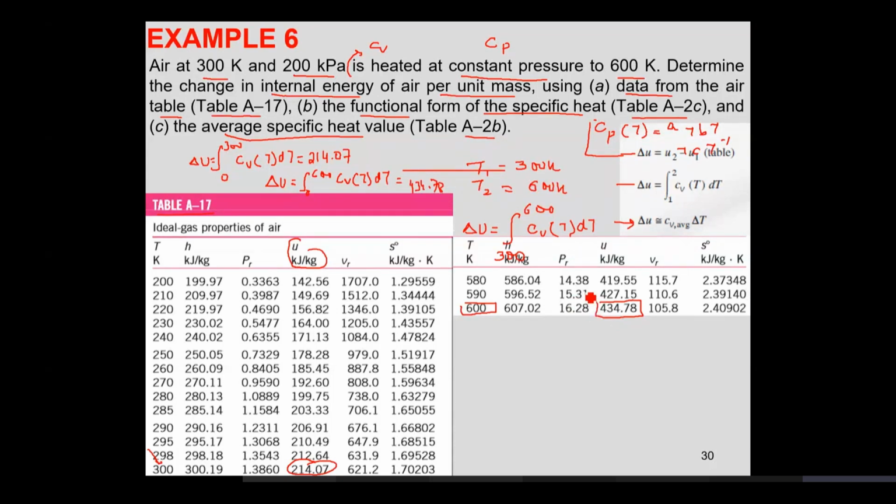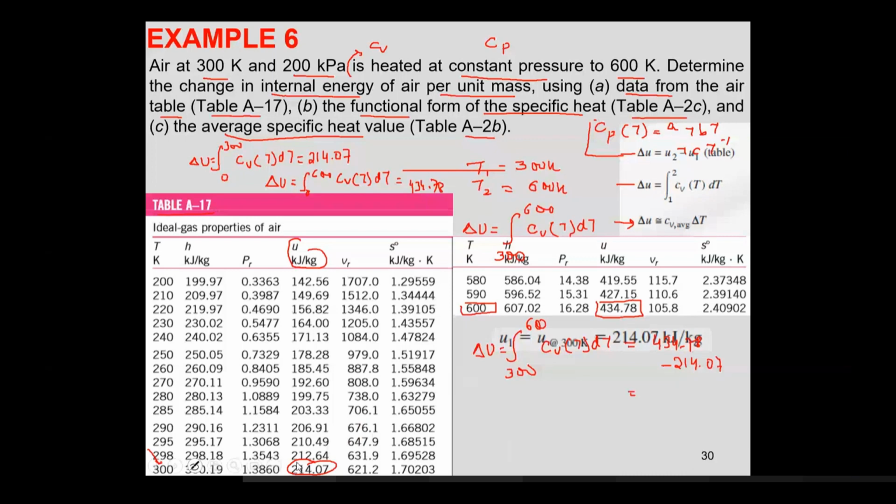If I have to calculate delta U from 300 to 600, this would essentially be the difference between the two values. Is it clear to you? It would be 434.78 minus 214.07. Clear enough? Is this point clear to you?